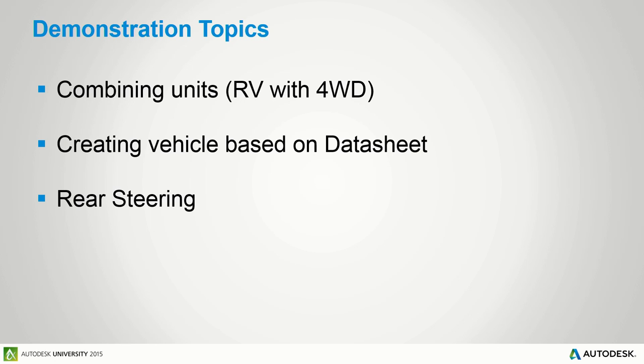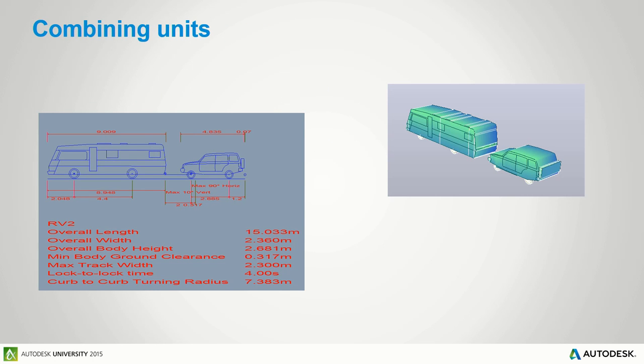Then we will create a fresh new vehicle based on data sheets, and then I will cover rear steering, if you have large trailers and want to specify the rear steering for the bogie at the end. We can do all this stuff as well. And for combining units, I was just thinking what to start with.